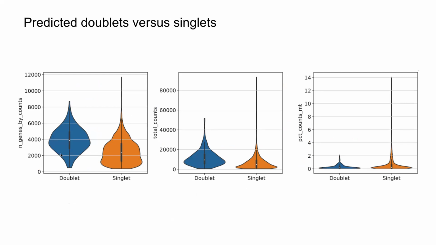The number of genes by counts are a lot higher in doublets, and so are the total counts, so the total UMI. But mitochondrial is not going to really change. I guess that makes sense. There's no reason it would necessarily be higher. Well, that's a percent. Right, good point. It makes sense that the percent isn't changed. But if you look at the actual numbers, the total would probably be changed. Yeah. Anyways.